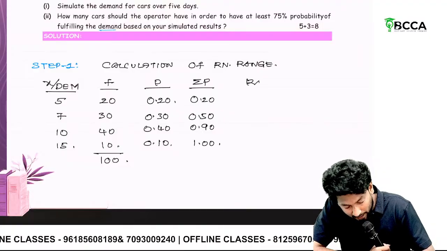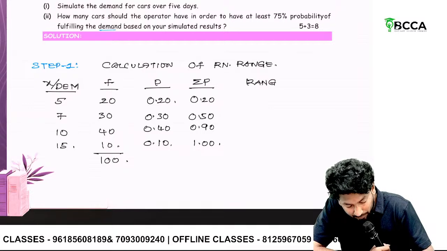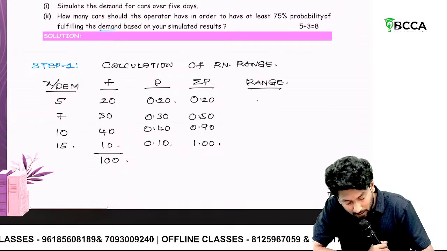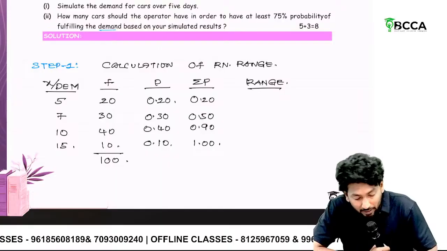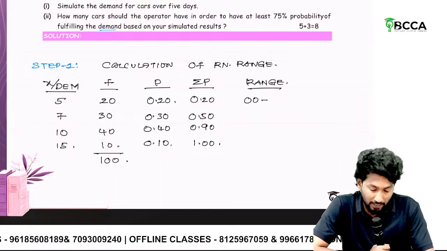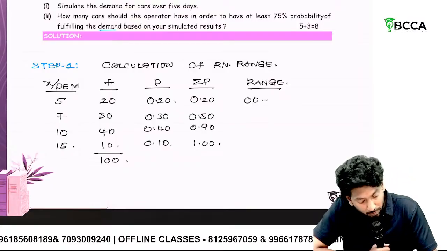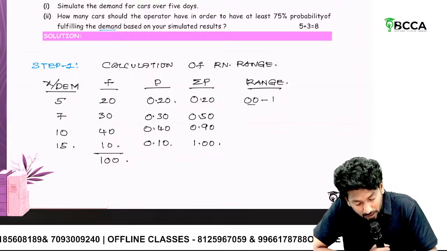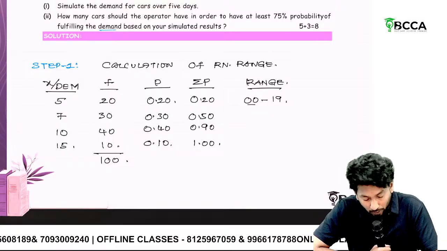Next one, range. Write the range, starting with 00. First decision variable probability is 20, that's why assign 20 numbers to the first decision variable, sir. Starting with 00, that means ending with 19, 20 numbers.